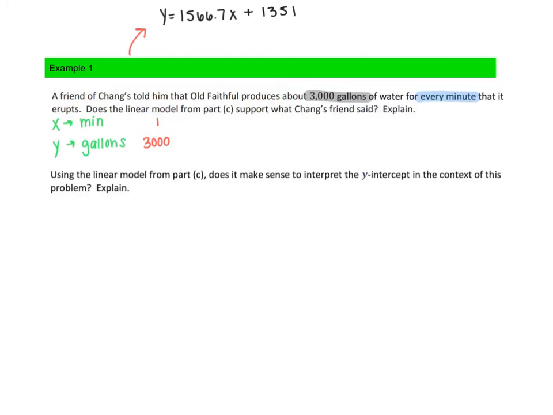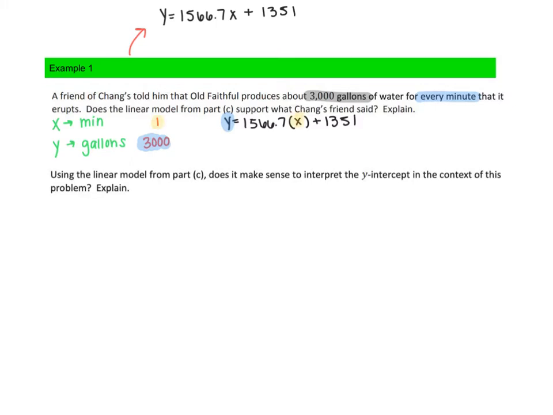So our original equation was y equals 1,566.7 times x plus 1,351. I'm now going to be changing my y to a 3,000. That's my y value. And my x is going to be changed to a 1.